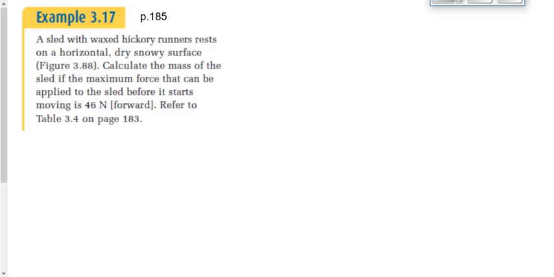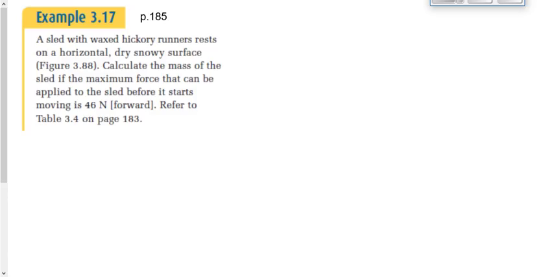This is static. The maximum force before it starts moving is 46. What they're saying is this. You apply 35, what happens? Doesn't move. You apply 40, what happens? Doesn't move. You apply 45, what happens? Doesn't move.